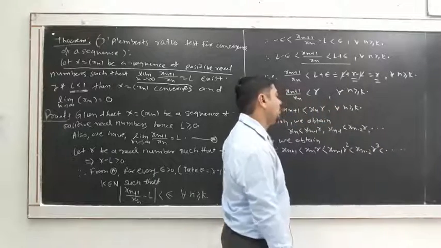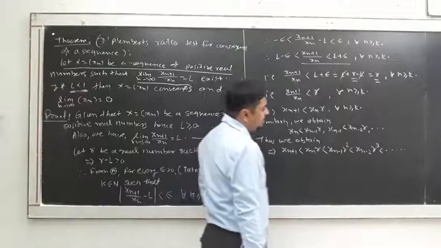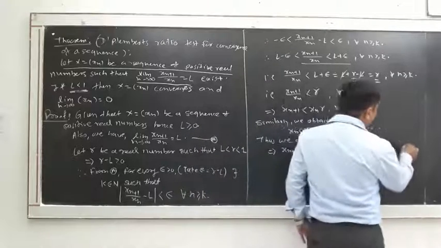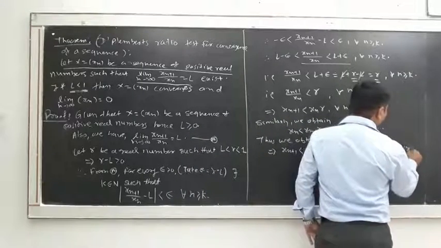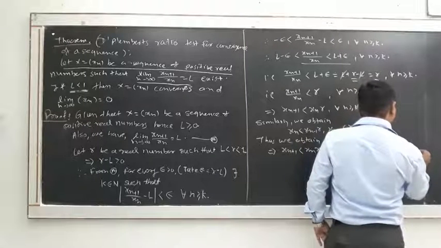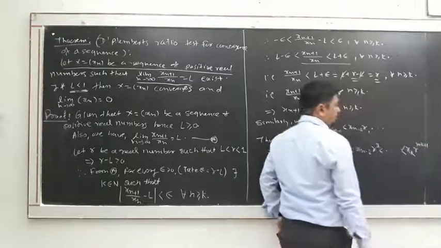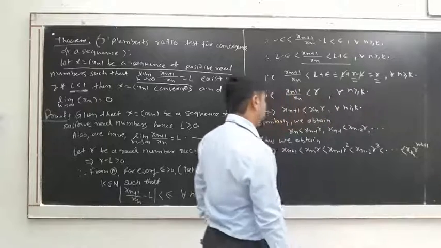In a similar way we are obtaining like this. So for the kth term, xn+1 is less than xk times r raised to n minus k plus 1.